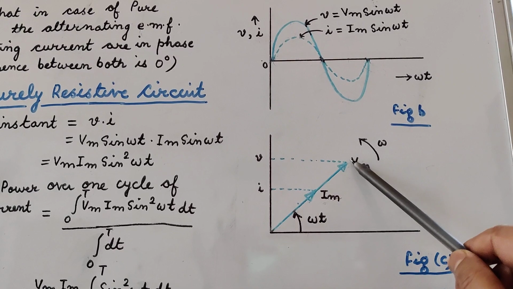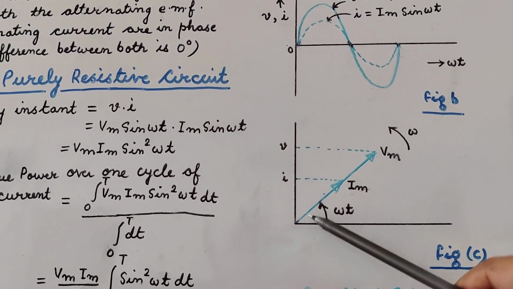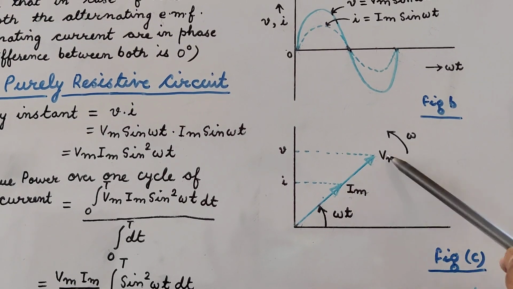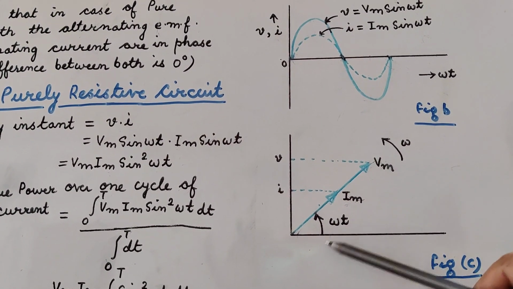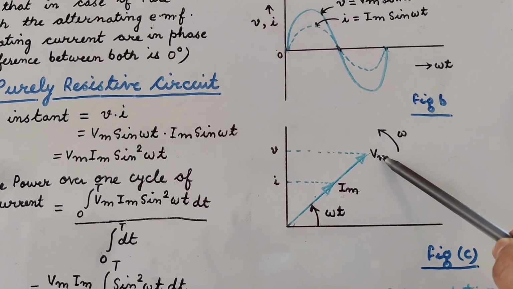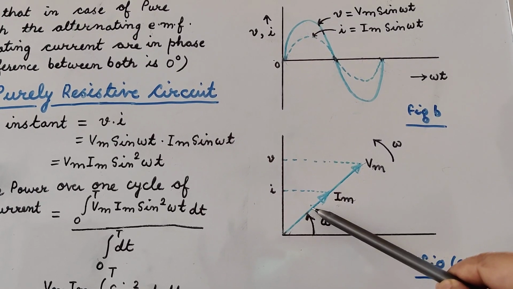So we have drawn a larger value of Vm, and since both Vm and Im are in phase with each other, they have been plotted along the same line, and the angle which Vm is making with the reference axis is omega t, which has been shown in this figure.